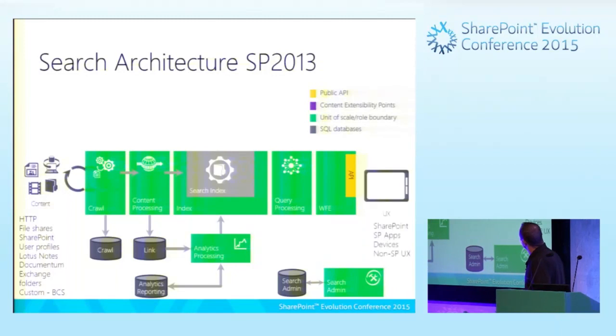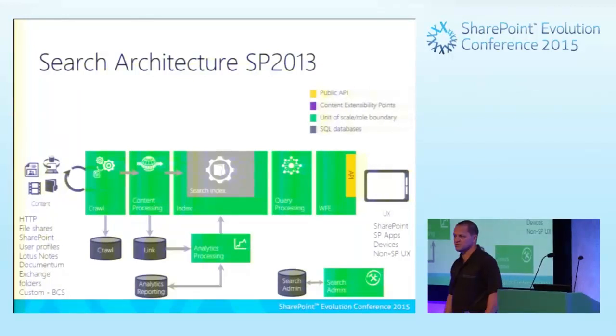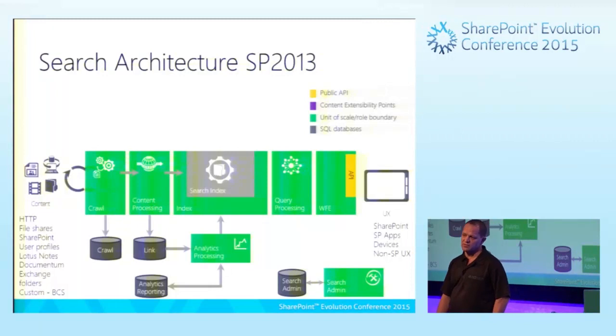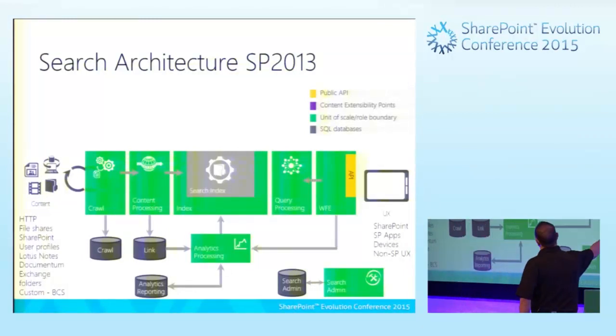If someone makes a query from a user interface, and notice it's not just SharePoint, it's apps as well, it's devices, and it's even non-SharePoint user experience. From there, it's going to go from the web front end to the query processing. At the same time, it's going to write to the analytics processing component.